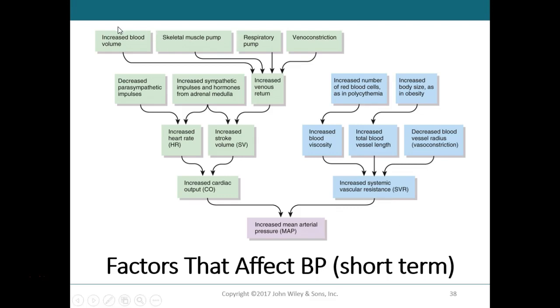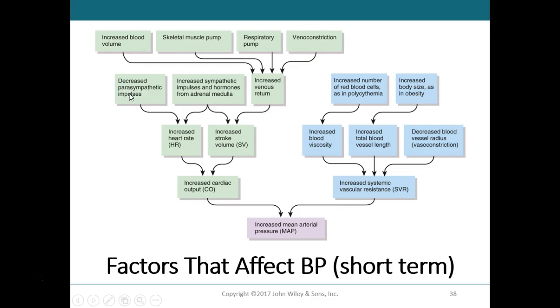So anything that increases blood volume is going to increase the venous return, whether it is venoconstriction pushing that blood back to the heart, or the skeletal and muscular pumps that are pushing that blood back to the heart, or just more blood. All of that increases venous return.